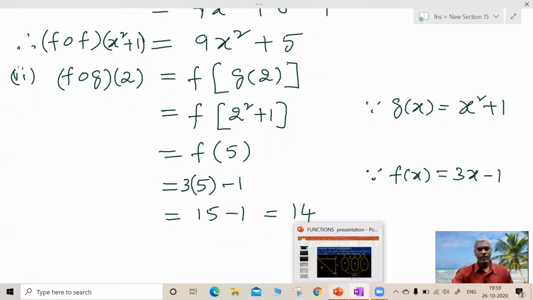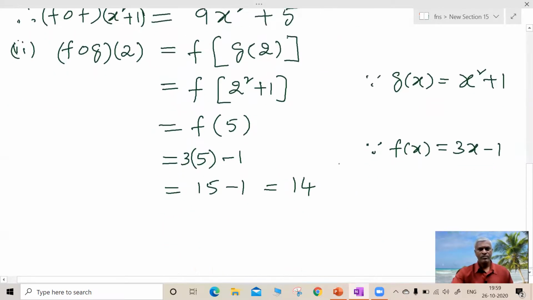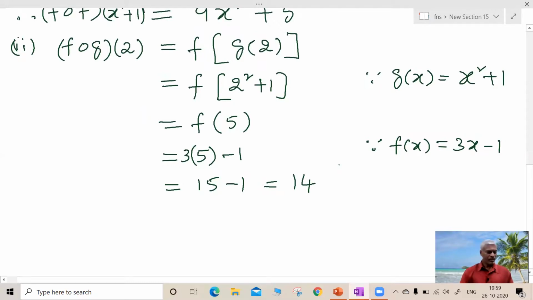So this is f circle g of 2 is equal to 14.